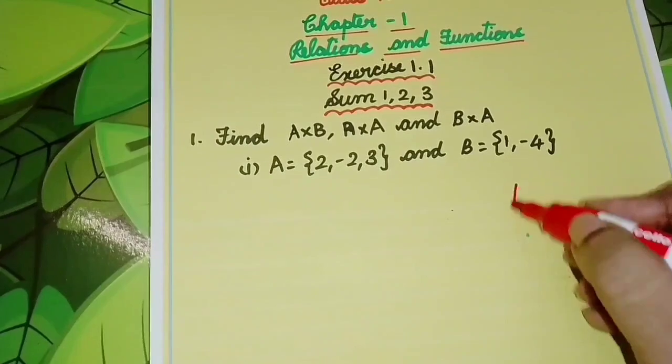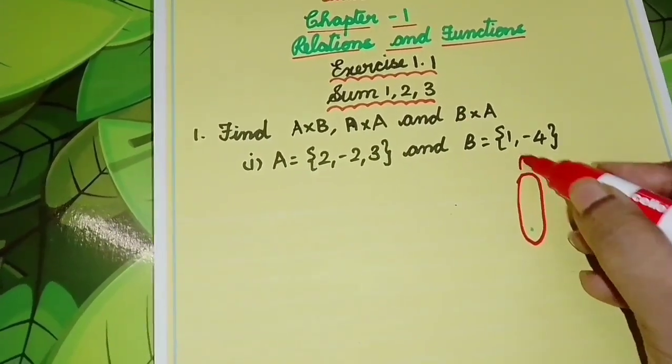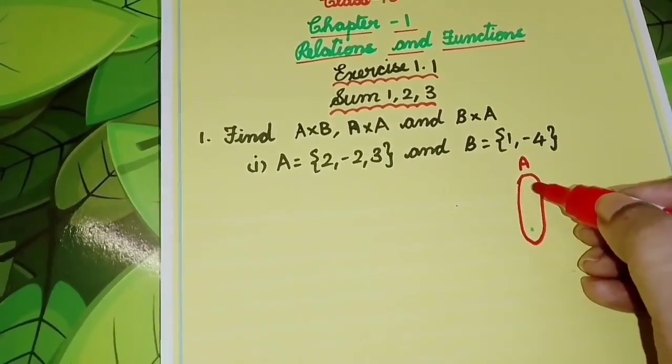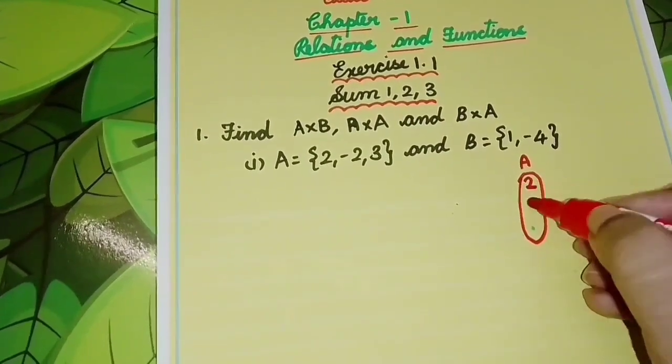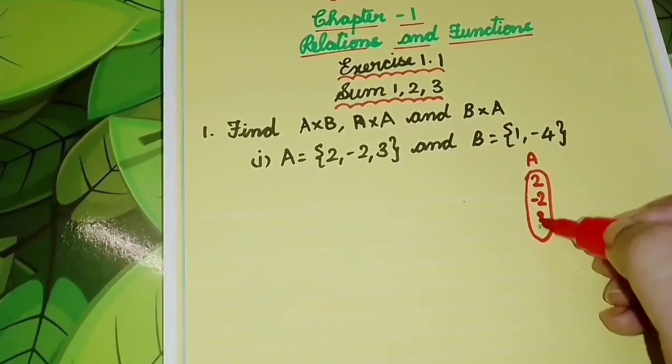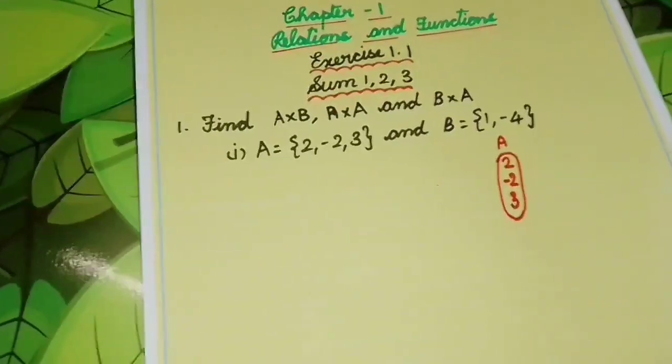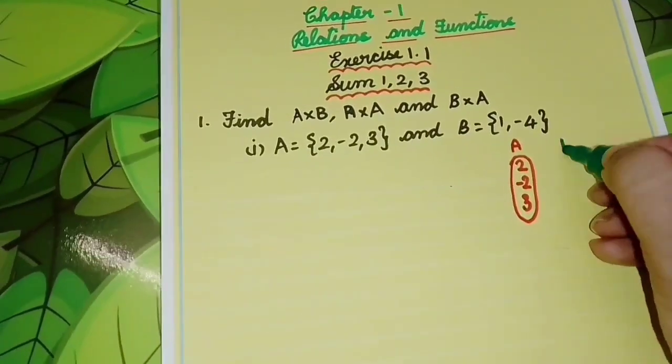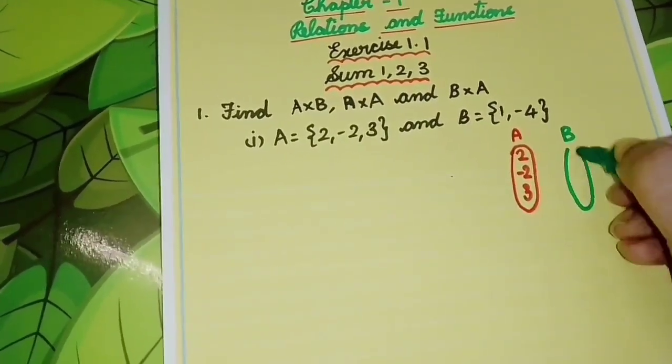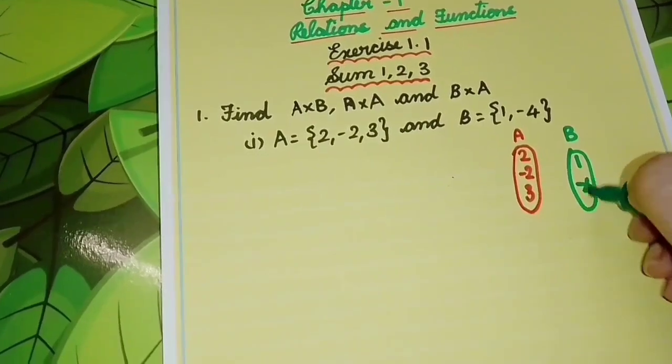First, let us draw our arrow diagram. The set A contains elements 2, minus 2 and 3. The set B contains the elements 1 and minus 4.